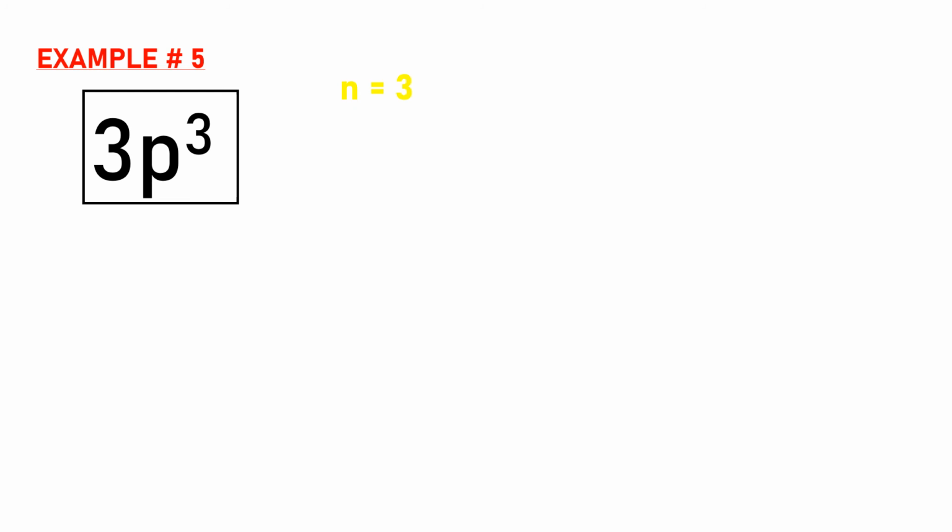n is equal to 3. You have 1, 2, 3. And then for your L, this is ranging from -1 to +1 because your L is 1 because of the p. So that's the time that you can have the arrow already. For the orbital diagram, we have 3 here.